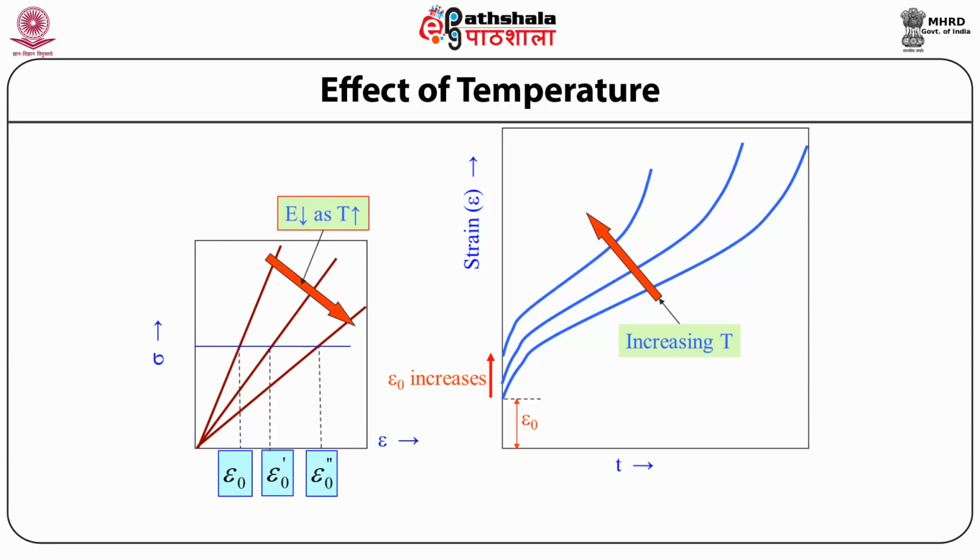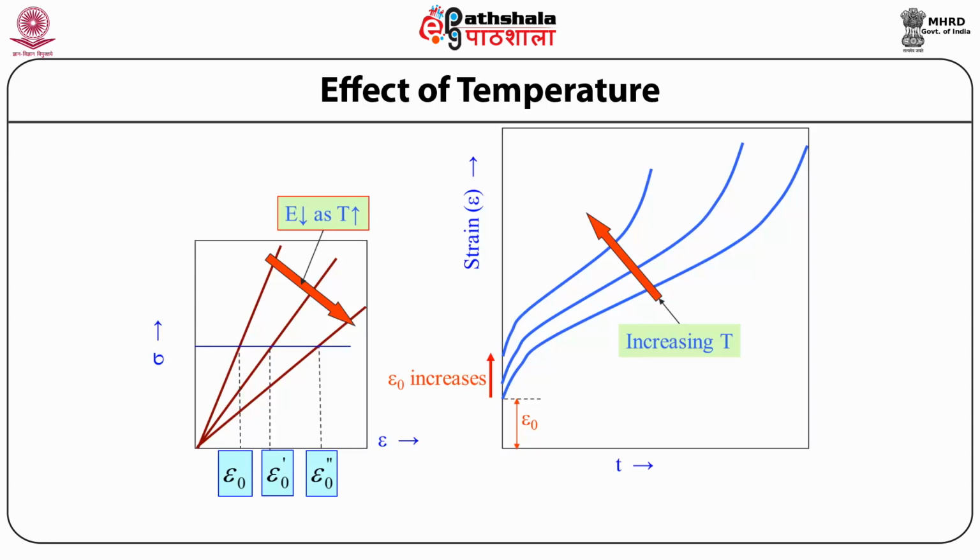Now let us discuss the effect of temperature. Here we can see a figure consisting of two parts. Part A shows a plot between stress and strain, with three curves at different temperatures. First is the stress-strain curve at a particular temperature, then the temperature is increased, and then increased again for a third curve.